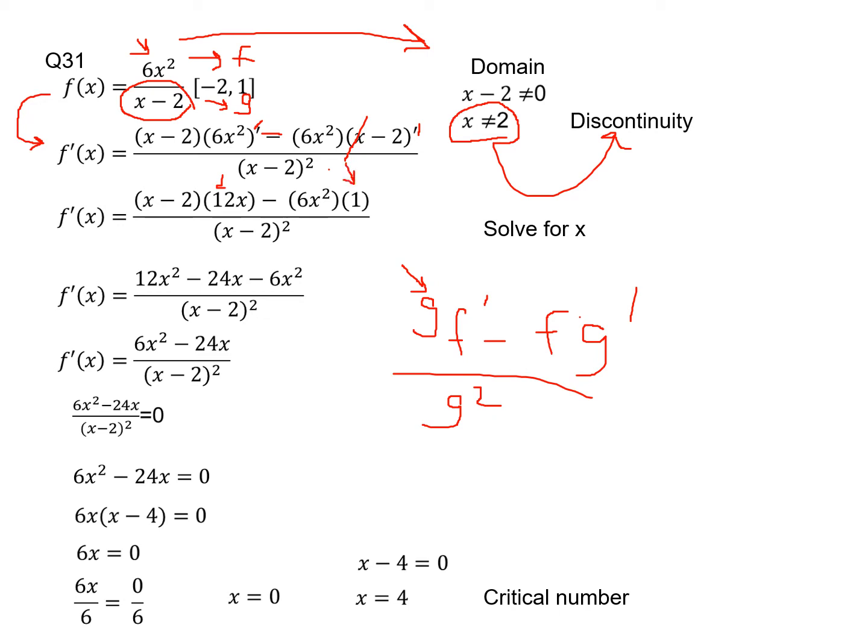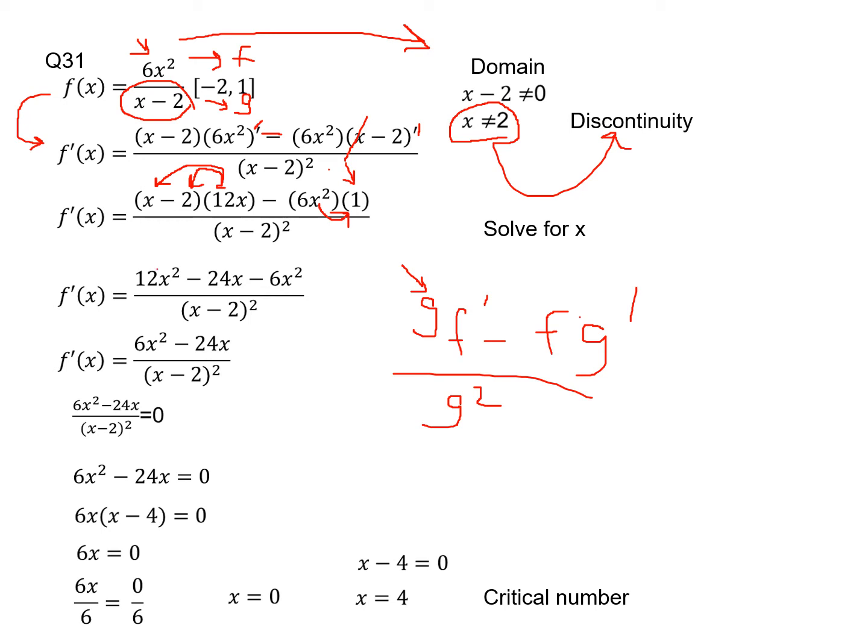Now you have to solve it, meaning open the brackets, using the distributive property. So 12x times x will give you 12x square, and 12x times 2 will give you 24x. This minus as it is, and 6x square times 1 gives you 6x square.